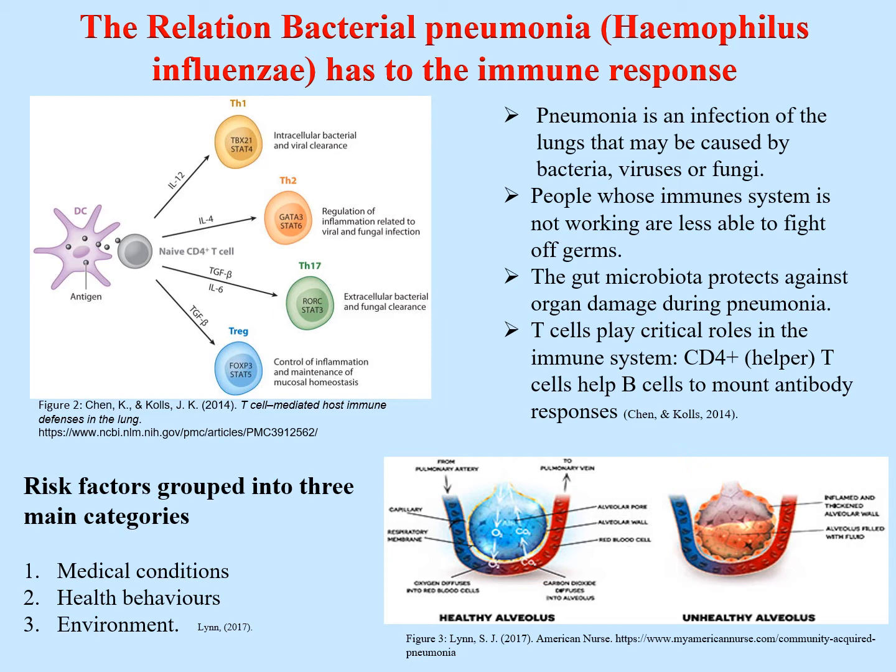Health behaviors. Cigarette smoking, which damages the lungs. Drug and alcohol abuse, which increases the risk of aspiration pneumonia. And 3. Environment. Exposure to certain chemical or toxin fumes, including secondhand smoke.